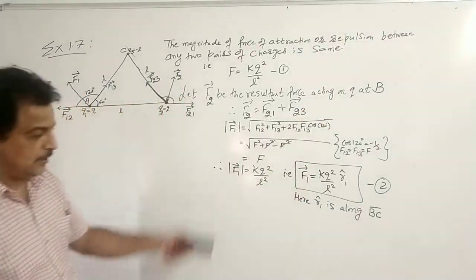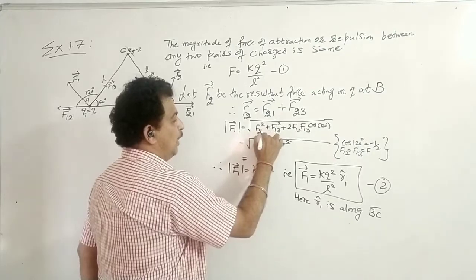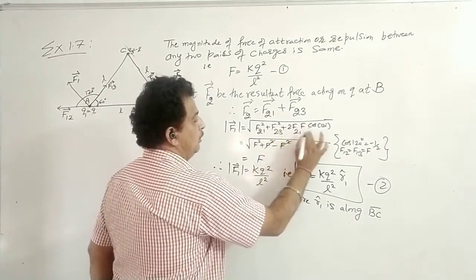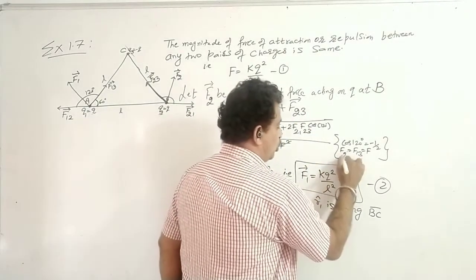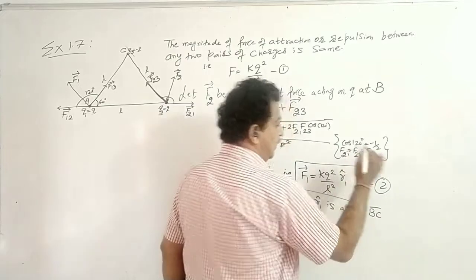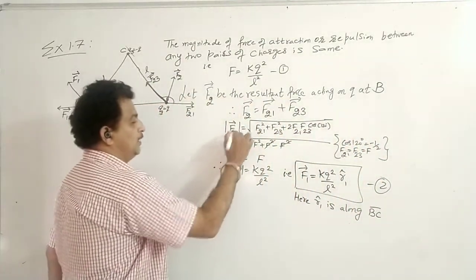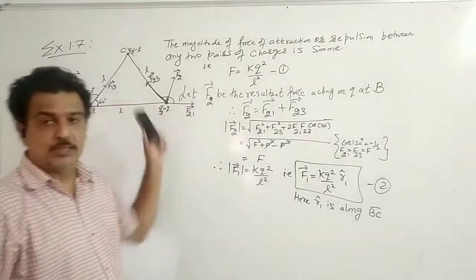So this will be written as F21 plus F23. Again the magnitude of F21 and F23 is F. The answer again comes out to be F. So the resultant force F2 is the same as that of the force acting on A.